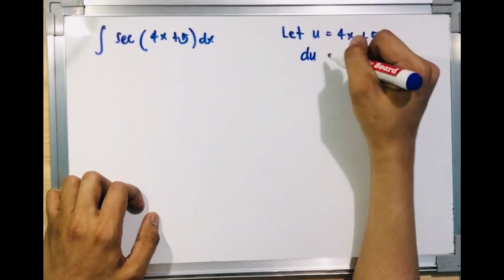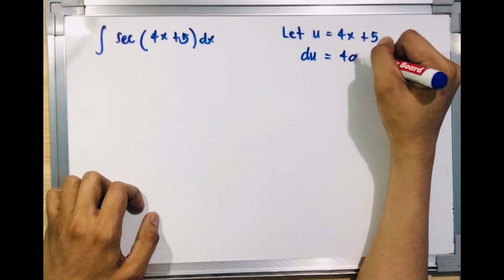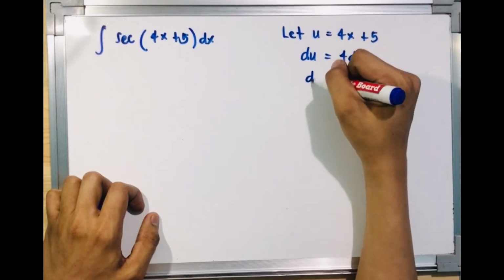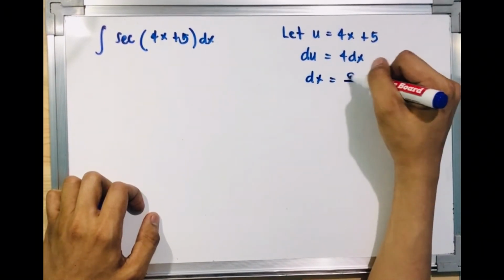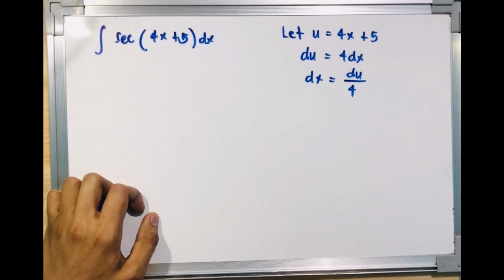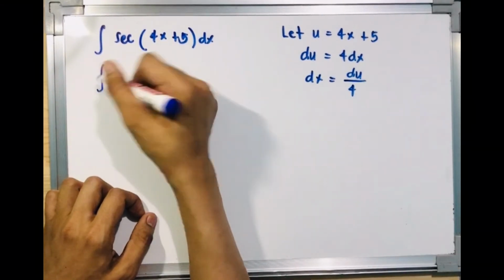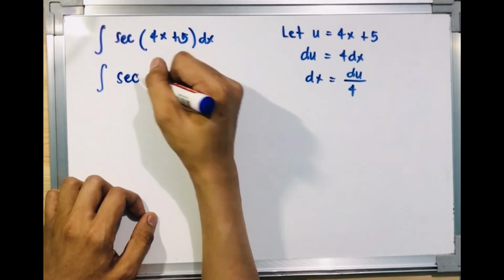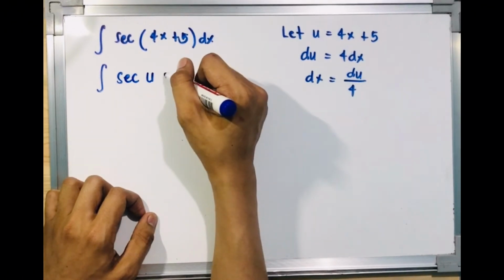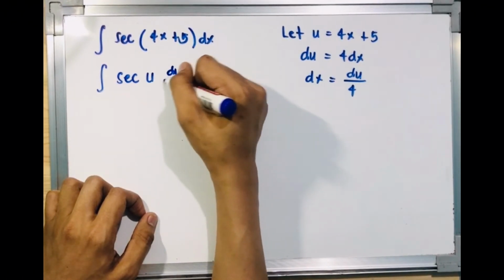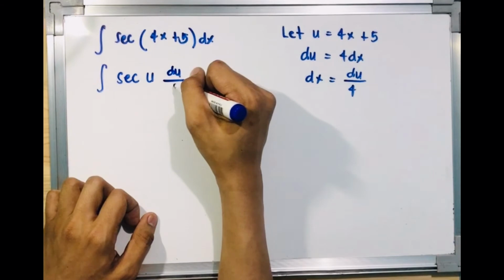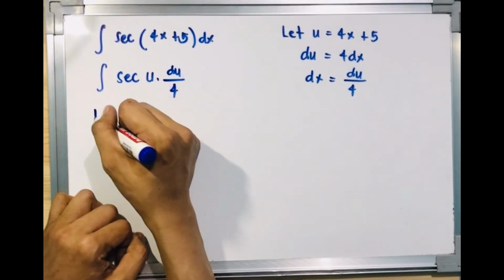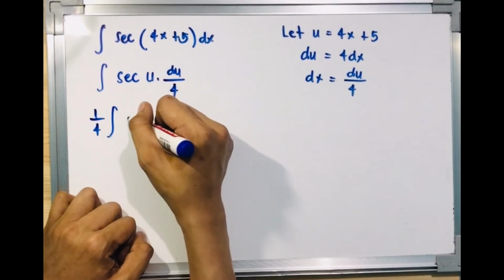And our du is equal to 4 dx. Therefore, our dx is equal to du over 4. Okay? Simple as that. So, ilabas natin yung 1/4 sa integral sign.